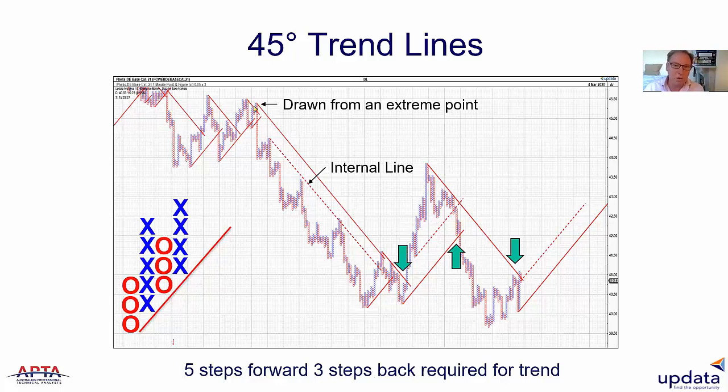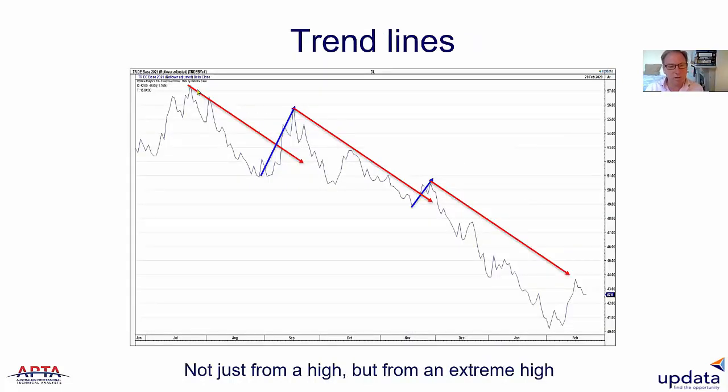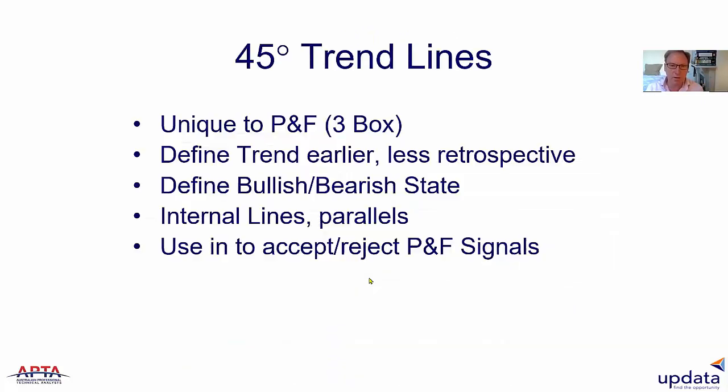And so you draw the line from an extreme point, and those 45-degree lines are what define the trend. And I must stress it's from an extreme point. It's not always necessarily from a high or low. So it is that extreme point that defines the 45-degree lines. 45-degree trend lines are unique to point and figure 3-box charts.